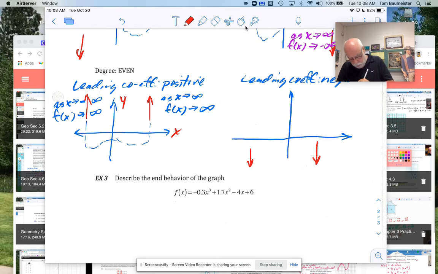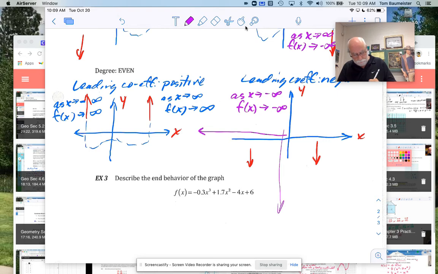All right, so here's my x, here's my y. I'll change the color to purple again. So in this case, as x goes to negative infinity, remember that means I'm starting here and I'm going this way. I'm going negative. All right, and then f of x is going to negative infinity. That means it's going this way no matter what, okay?